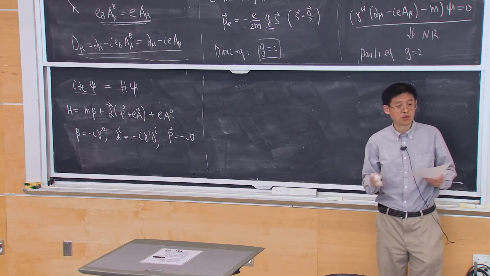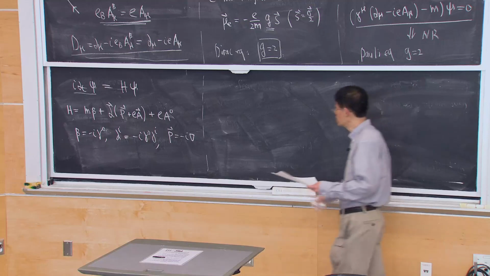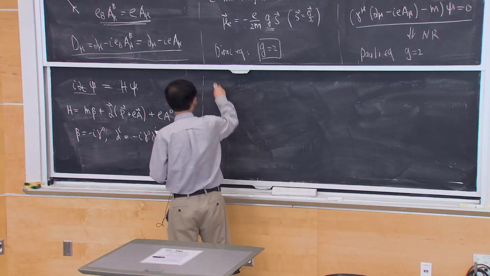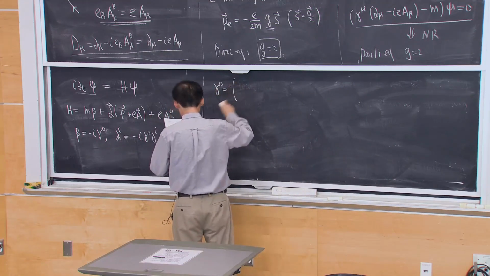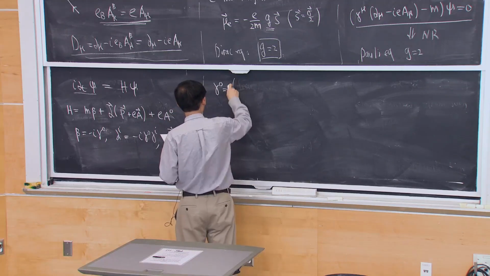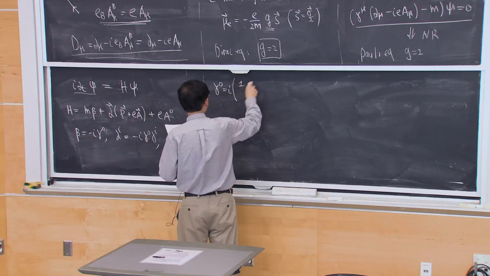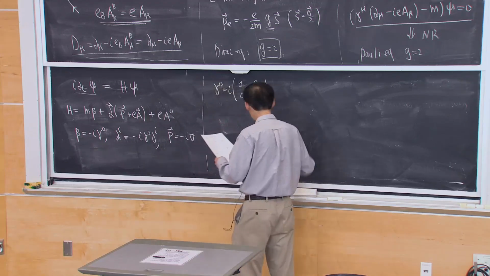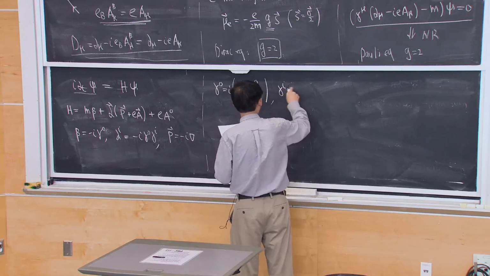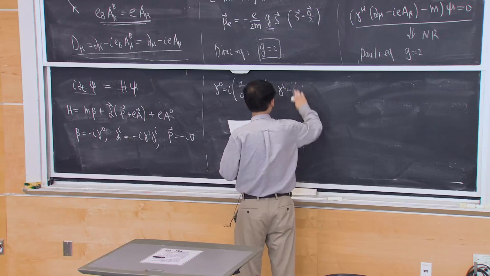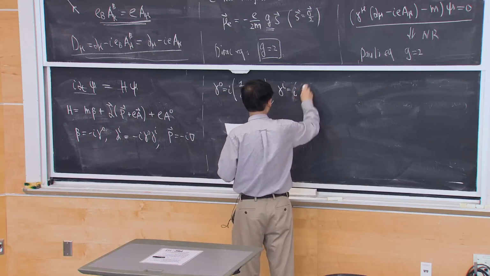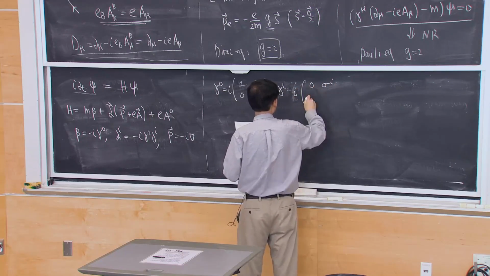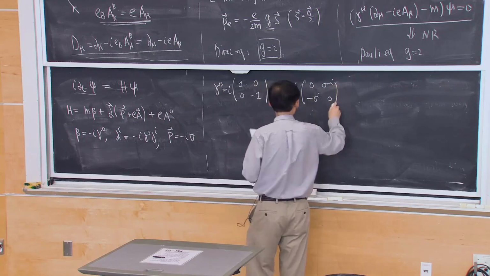So is it clear what we want to do? Okay, so now let's choose the basis for the gamma matrices. For going to the non-relativistic limit, it's convenient to use this basis, which I actually wrote down at the beginning when we talked about the Dirac equation.